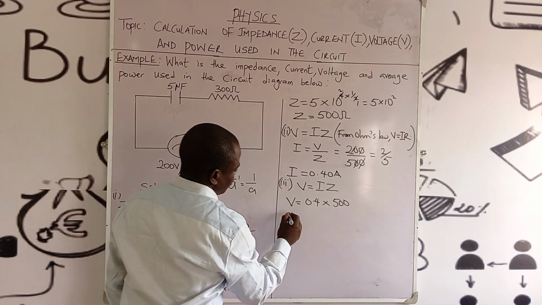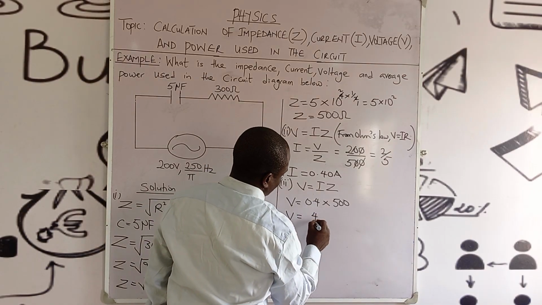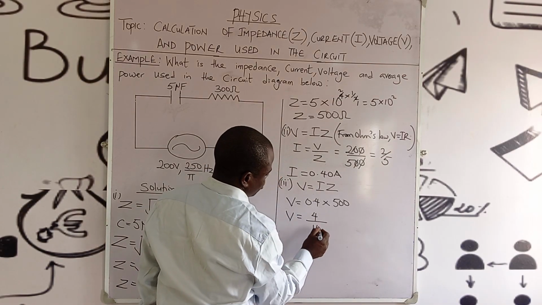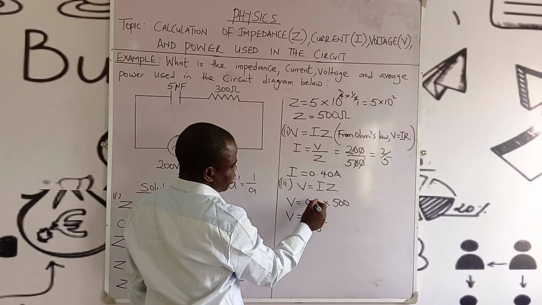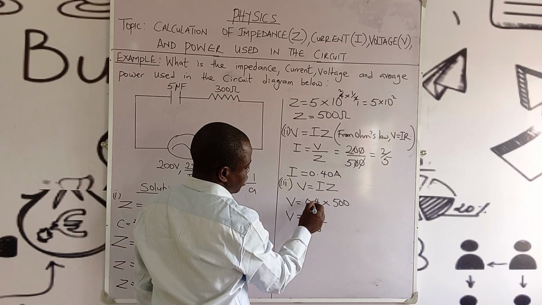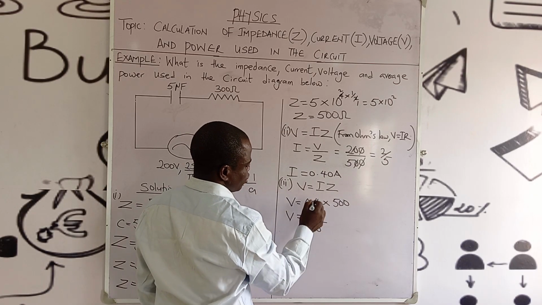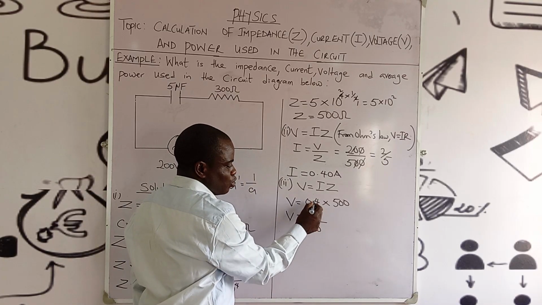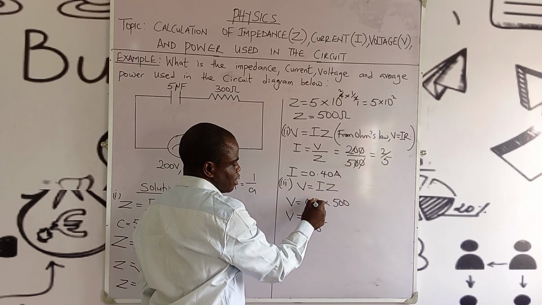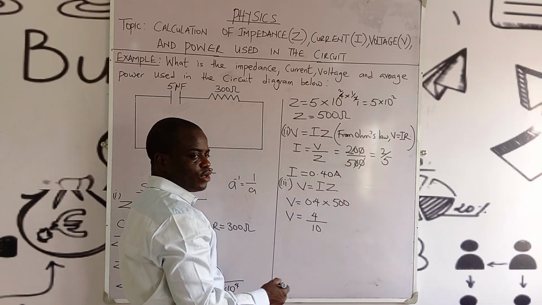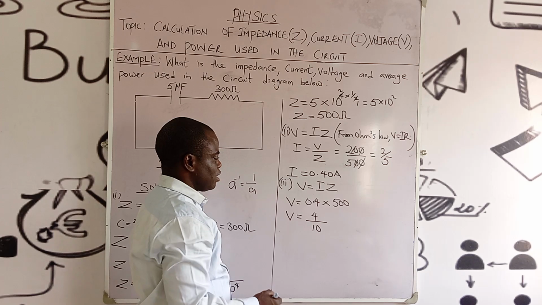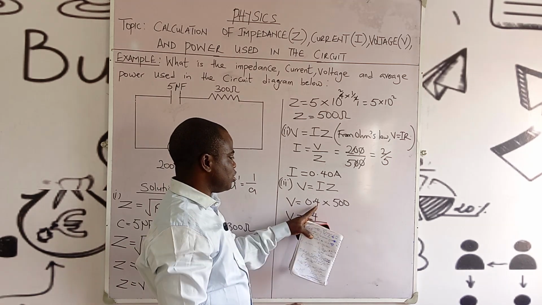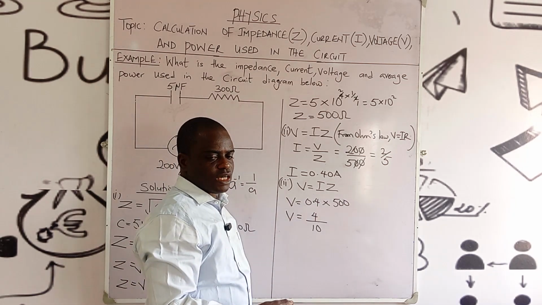Now V is 4 over 10. Decimal standard as 1. How many numbers after the decimal? 4, how many figures after the decimal is 1, which is 4. You will not put 4 down. You look at the number of times the number occurs after the decimal.